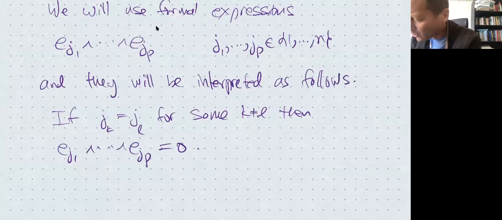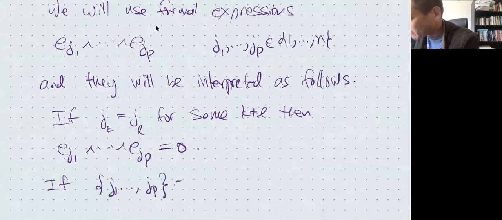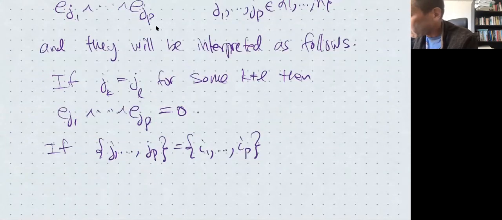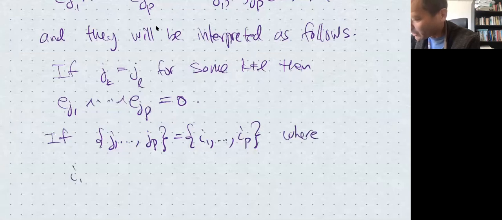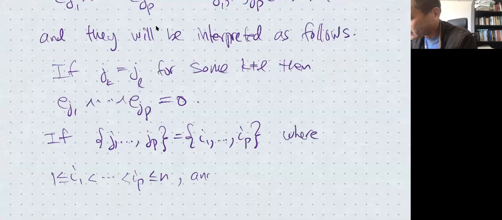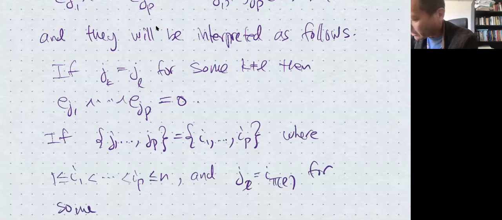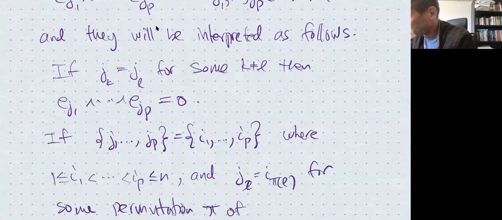And if not, so if the collection J1 up to JP is the same as the collection I1 up to IP, where the I1 up to IP are ordered as before, and JL equals I of pi L, so they're just a permutation of these P indices.